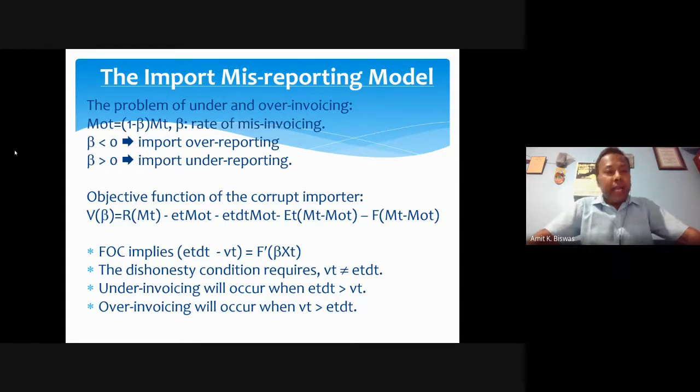Because in any case, whether you are saying 15,000 or 5,000, Himadrija is importing $10,000 worth of import. So this is the first component.